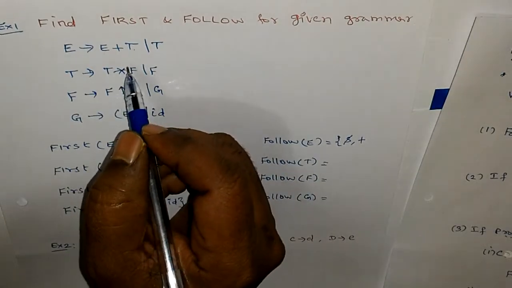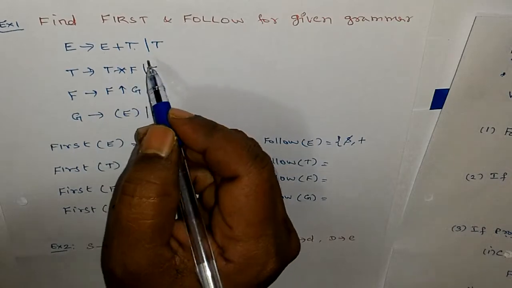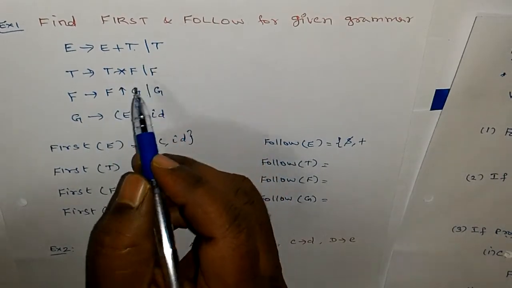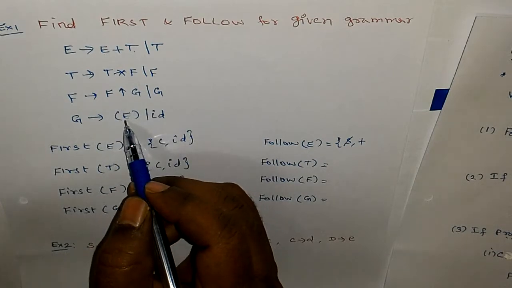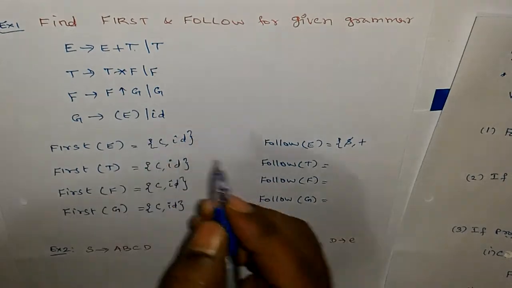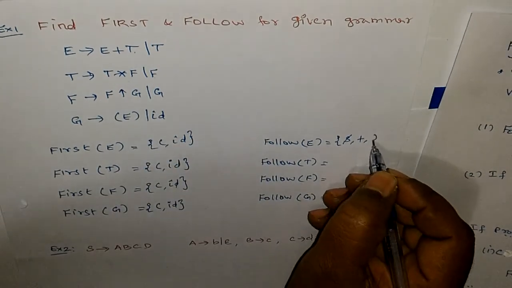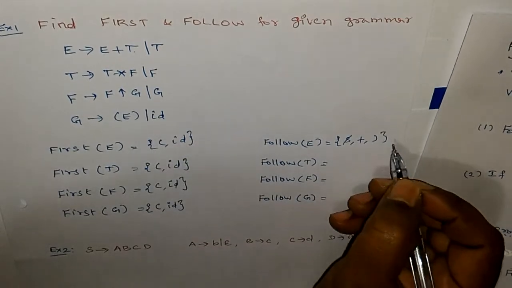Then we have to check where else E appears. Here it does not appear, here also not, but here E is appearing. E follows closed parenthesis, so closed parenthesis is another follow of E. So with this it's over.